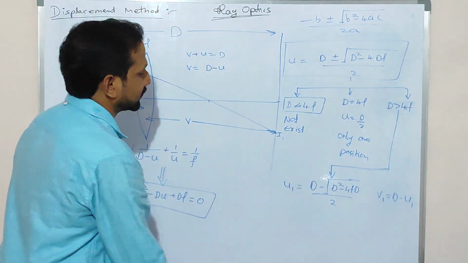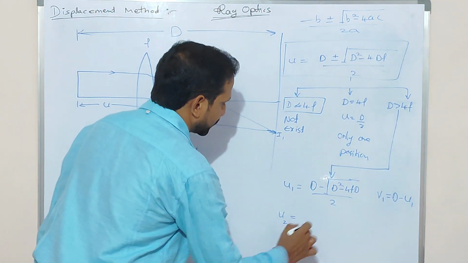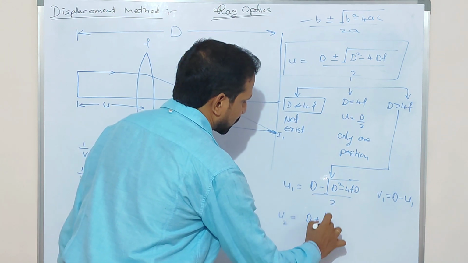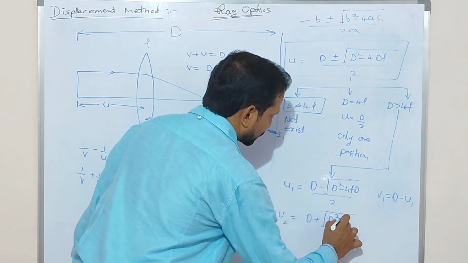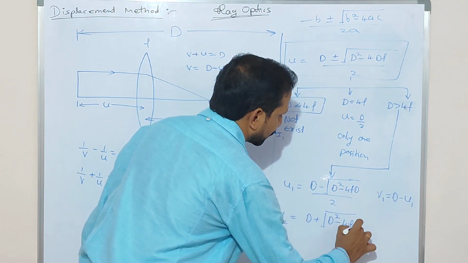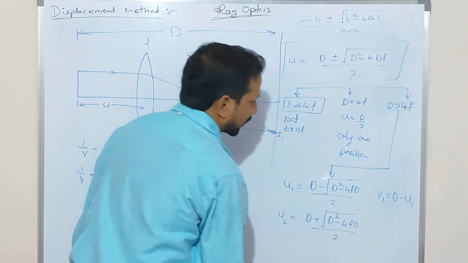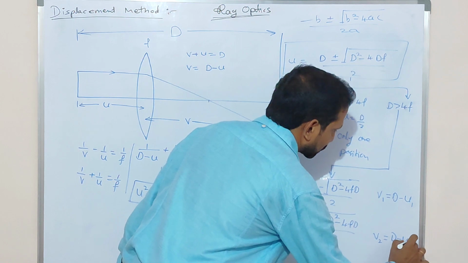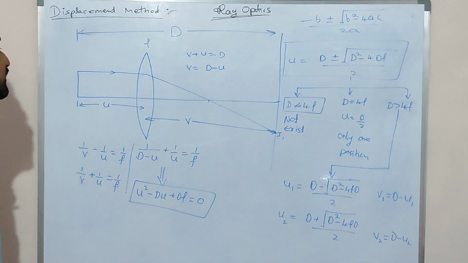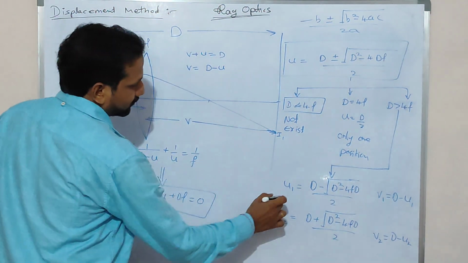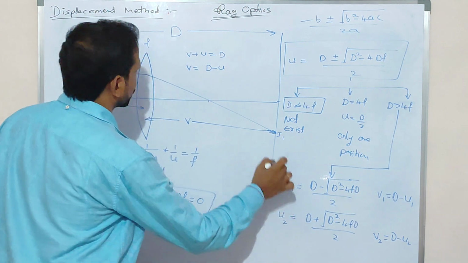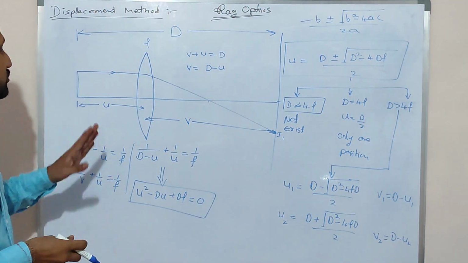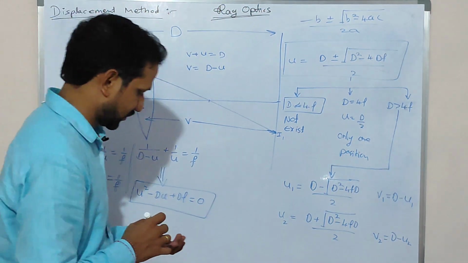And u2 will be d plus under root of d square minus 4fd, by 2, and the corresponding v2 will be d minus u2. So we just found out u1 and u2. I'll draw the diagram in the next board. I hope you got it.